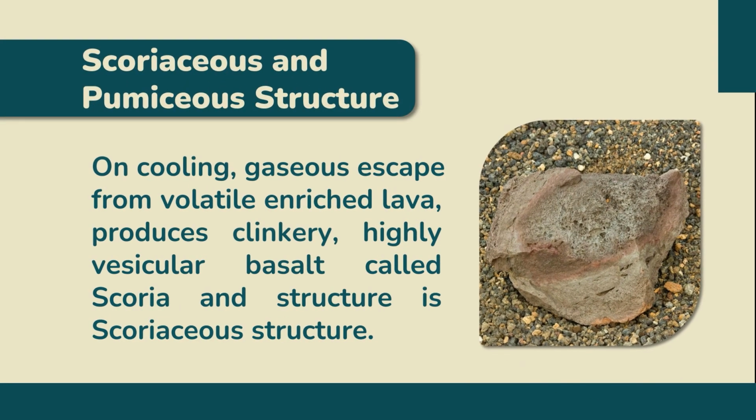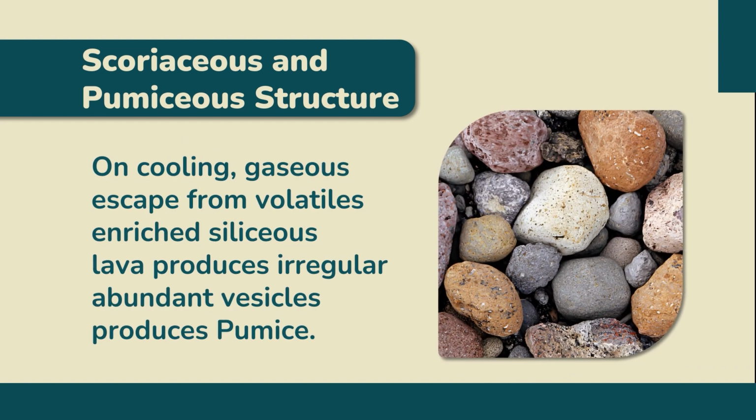On cooling, gaseous escape from volatile enriched lava produces clinkery, highly vesicular basalt called scoria, and the structure is known as scoriaceous structure. On cooling, gaseous escape from volatile enriched siliceous lava produces irregular abundant vesicles, producing pumice. What is the difference?